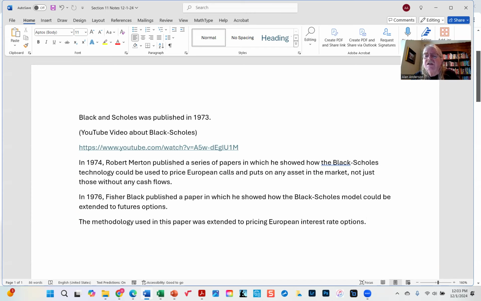So American options in this area are not quite as important, because there's no point in paying for a more expensive American option.